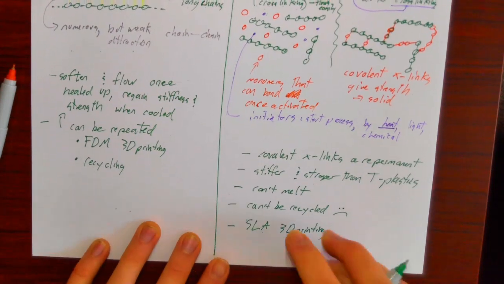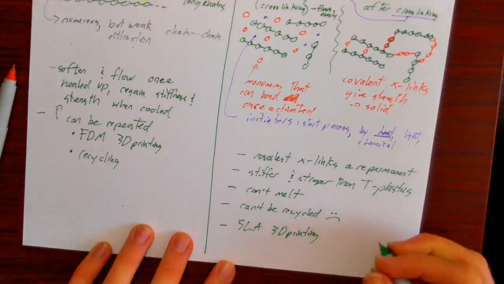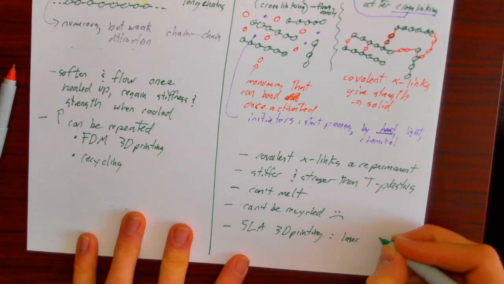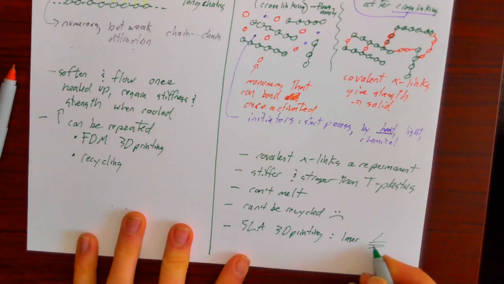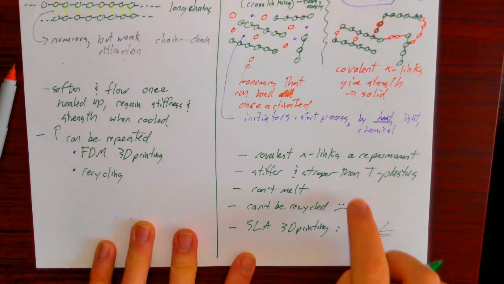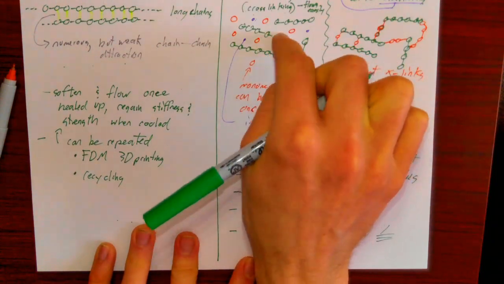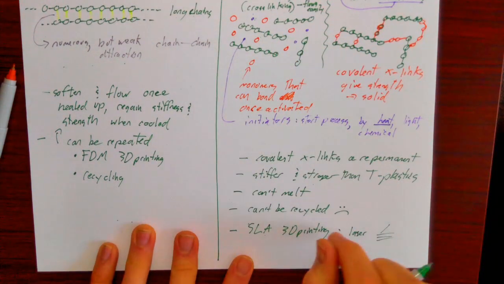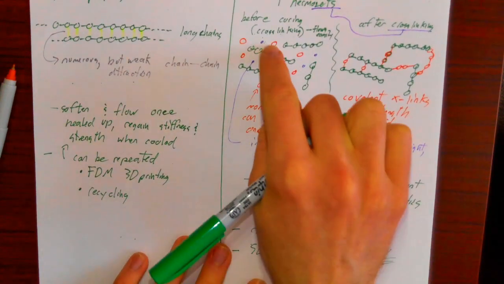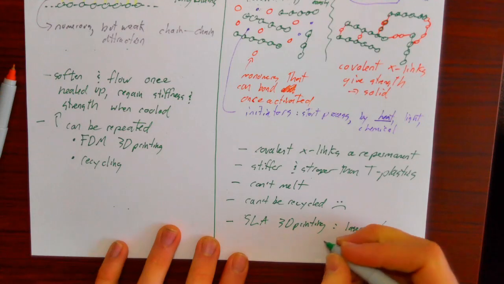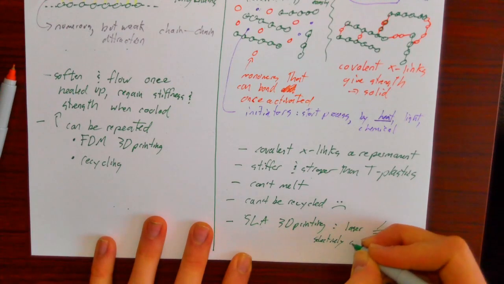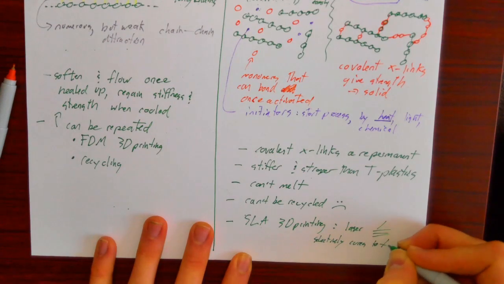SLA 3D printing typically uses thermosets, where basically a laser scans across a bed of liquid, uncured thermoset, and the laser activates only the small regions of the liquid thermoset that you want to solidify. So basically, a laser scans and selectively cures to form the shape.